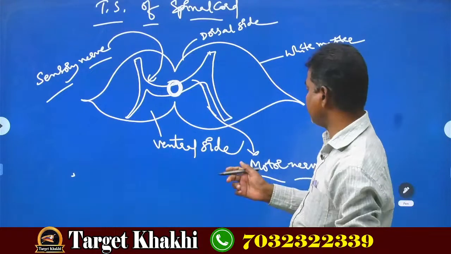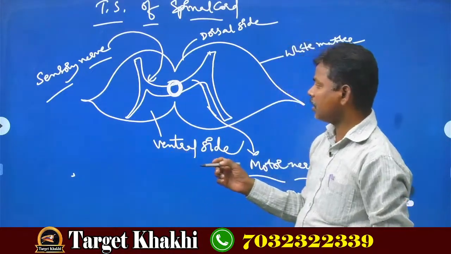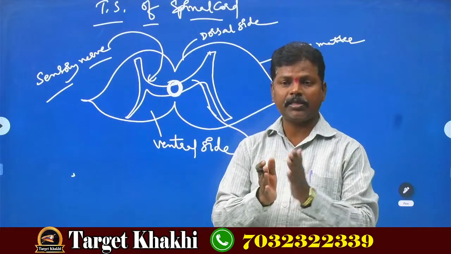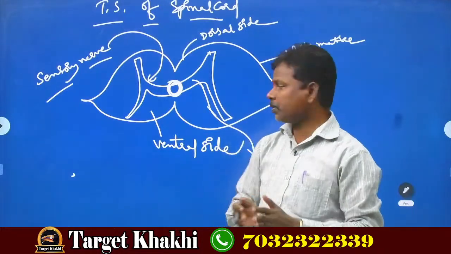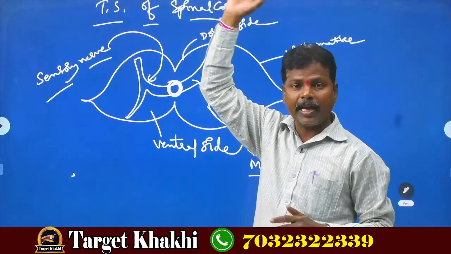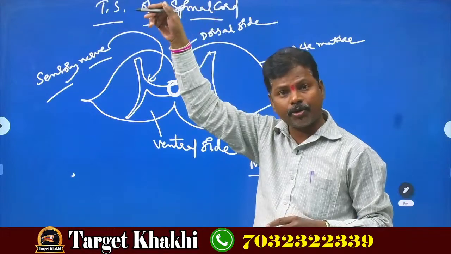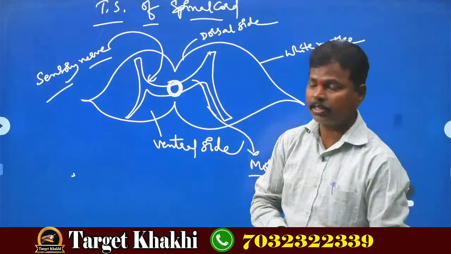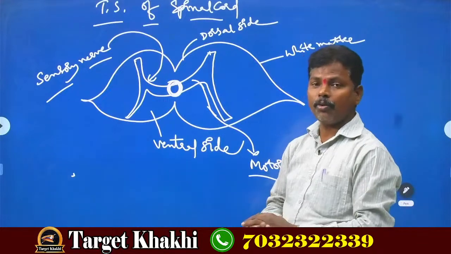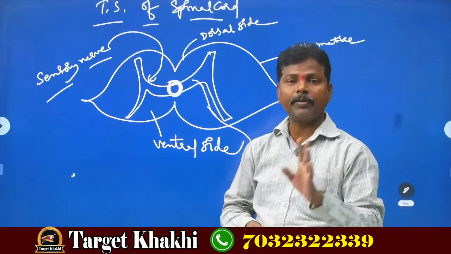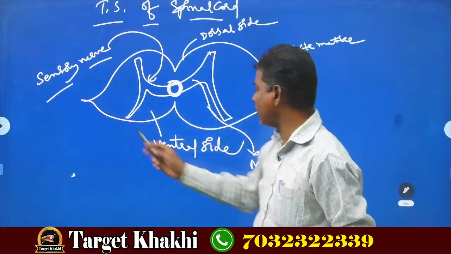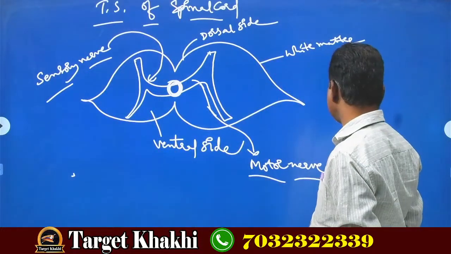Now see here how in our body the messages are transferred from spinal cord to the brain and again back from the brain to spinal cord and to all body parts. How is it possible? Only with the help of two types of nerves present in our body. They are sensory nerves and motor nerves.